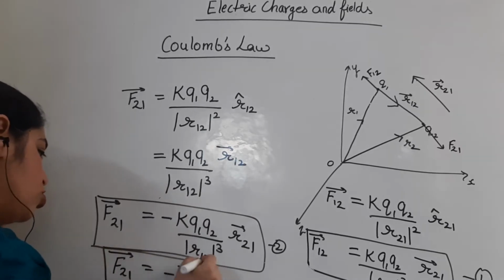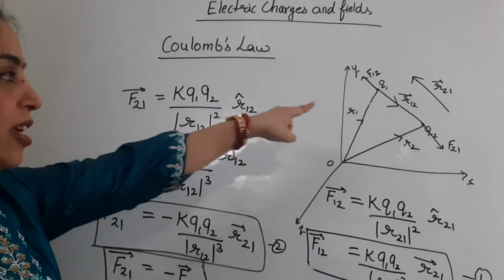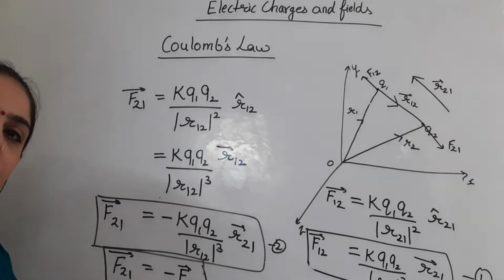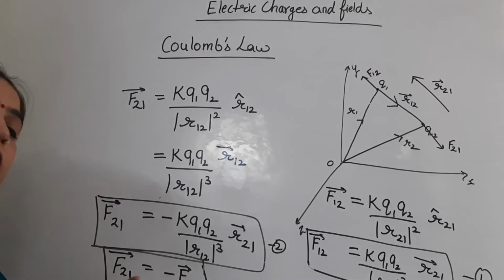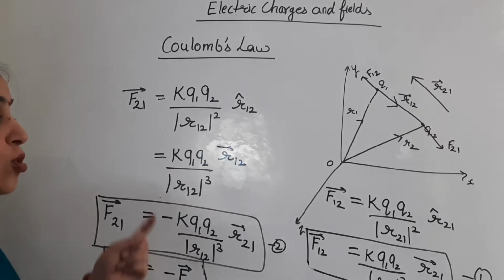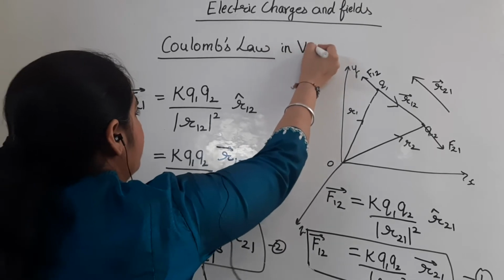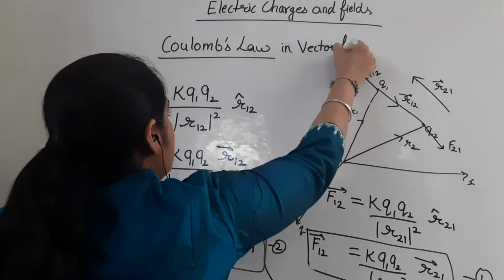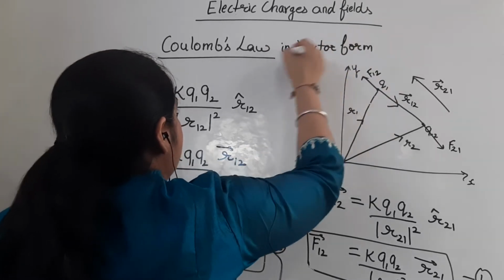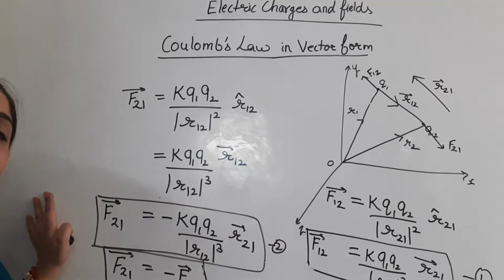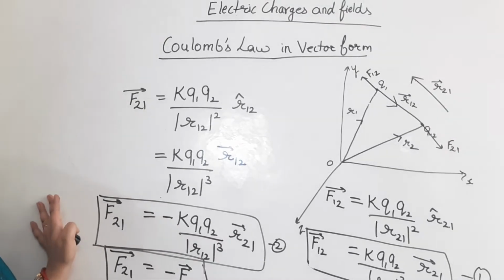So the two charges will have equal force but opposite in direction to each other. F21 is opposite to F12. Is it clear? That's Coulomb's law in vector form. That's very, very important. So we found F12 and F21.